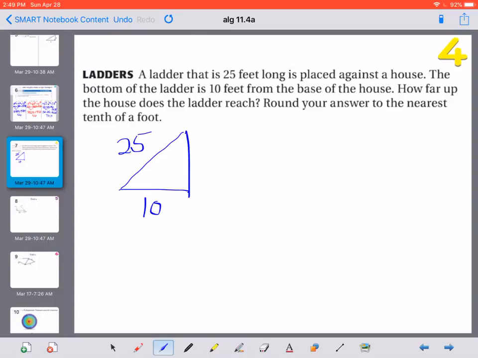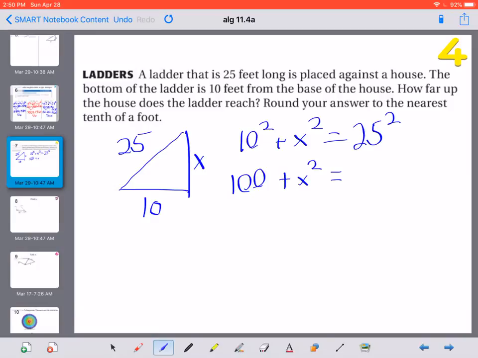Okay, so what we don't know is one of our legs. So we're trying to find that. What we do know is the hypotenuse and the other leg. So I'm going to have 10 squared plus, we'll say x squared because we don't know what that is, equals 25 squared. 10 squared is 100 plus x squared equals 25 times 25. Gives me 625.